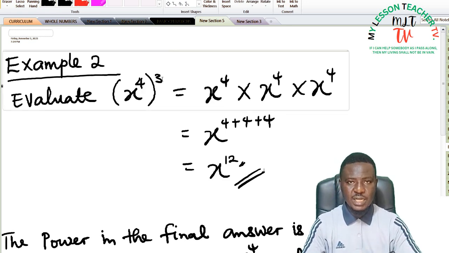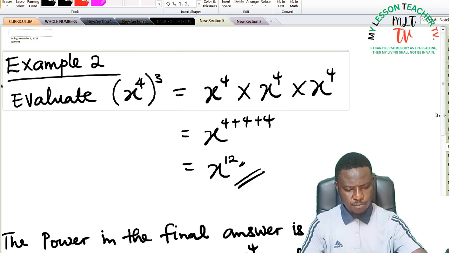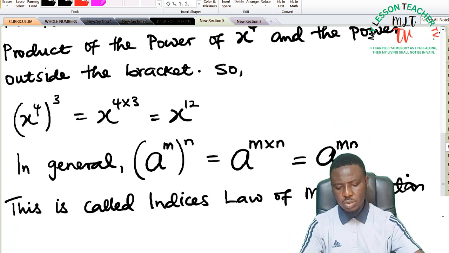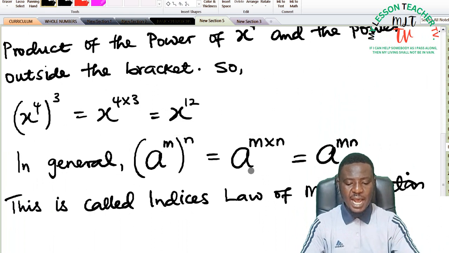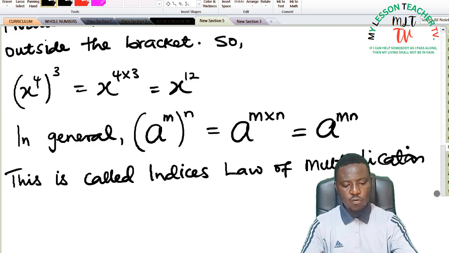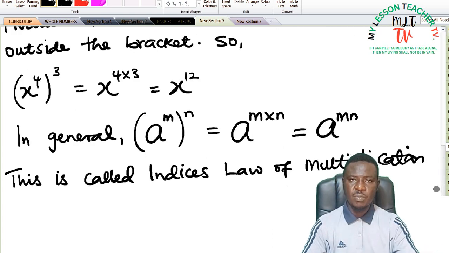If the first example is a coincidence, I doubt this can also be a coincidence. So therefore, in general, a raised to the power of m, all raised to the power of n, can be simplified to be a raised to the power of m times n, which is equal to a raised to the power of mn. This is called the indices law of multiplication.